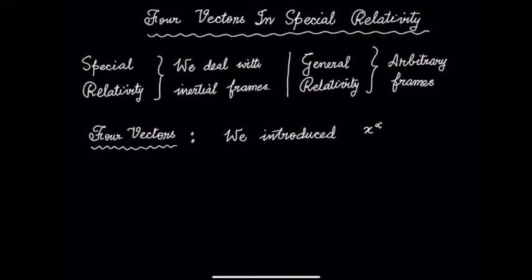X alpha gives you one event when alpha goes over 0, 1, 2 and 3. So it's actually a set of four numbers.